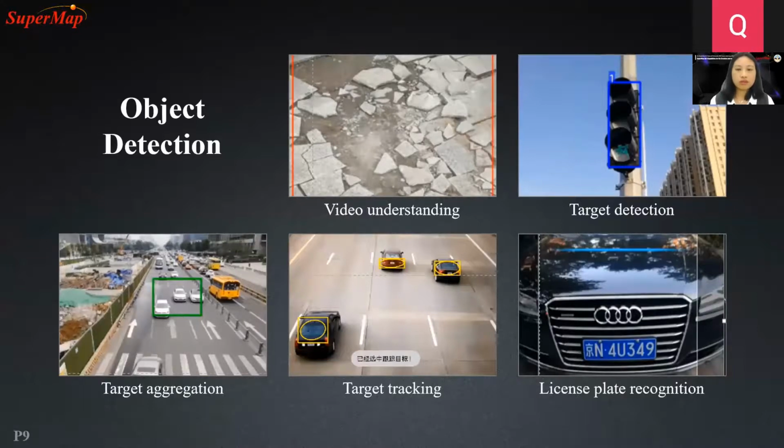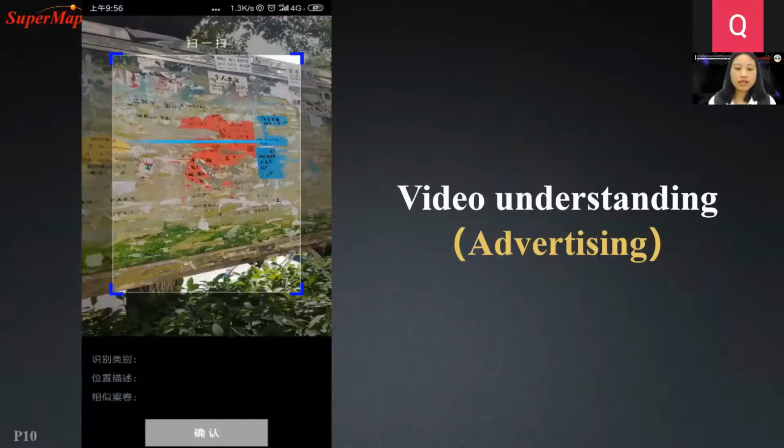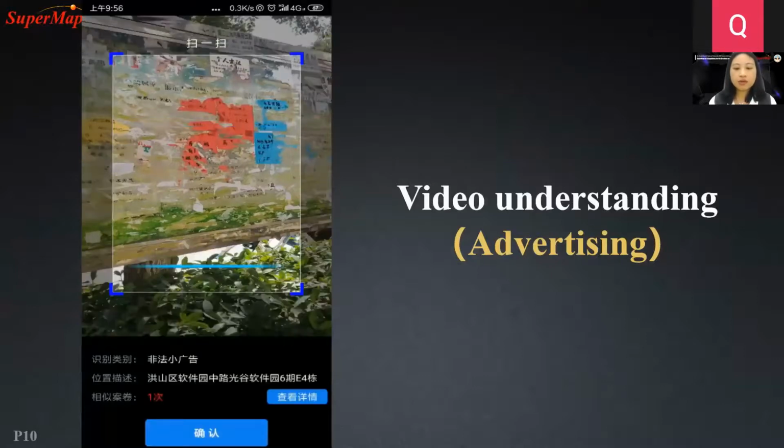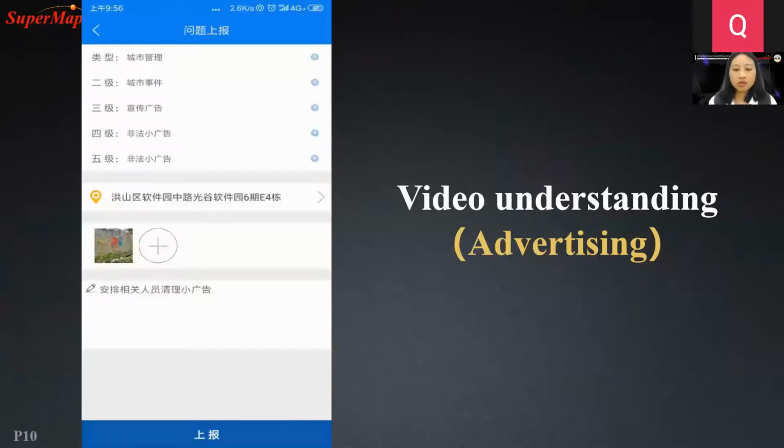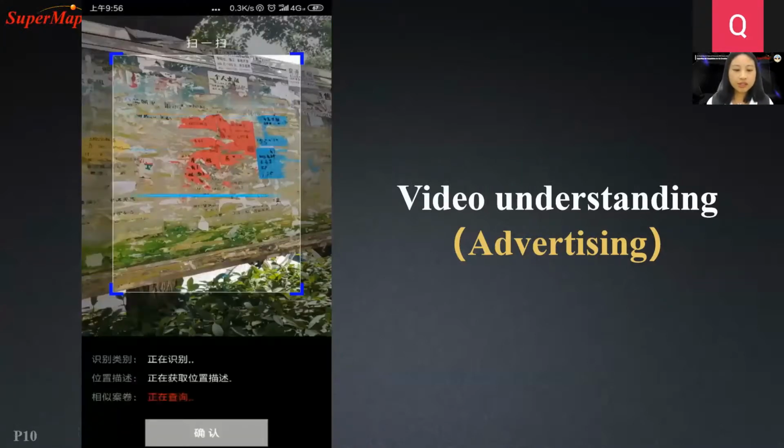So let's take a look at the video understanding application. Video understanding is a technology to classify objects in the video. It tells us what and where they are. And this video shows it recognizes the category as advertising and then records the operation.